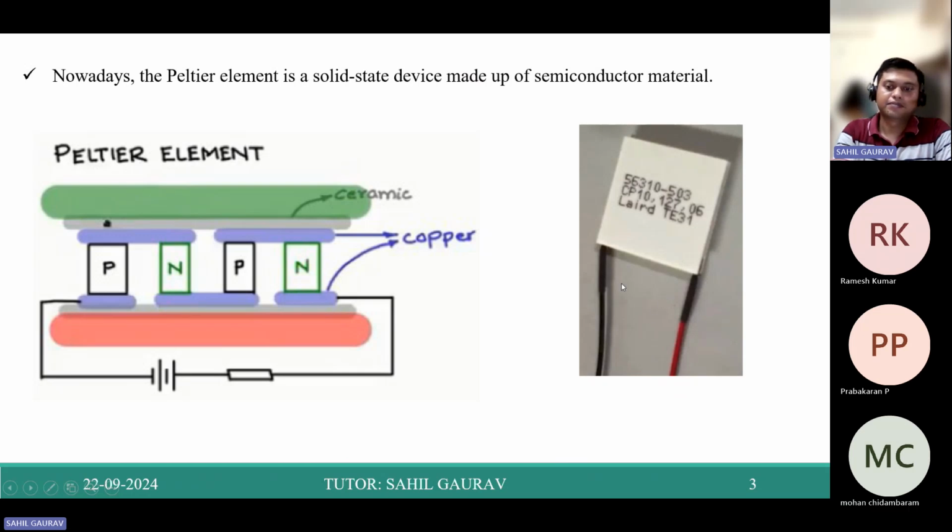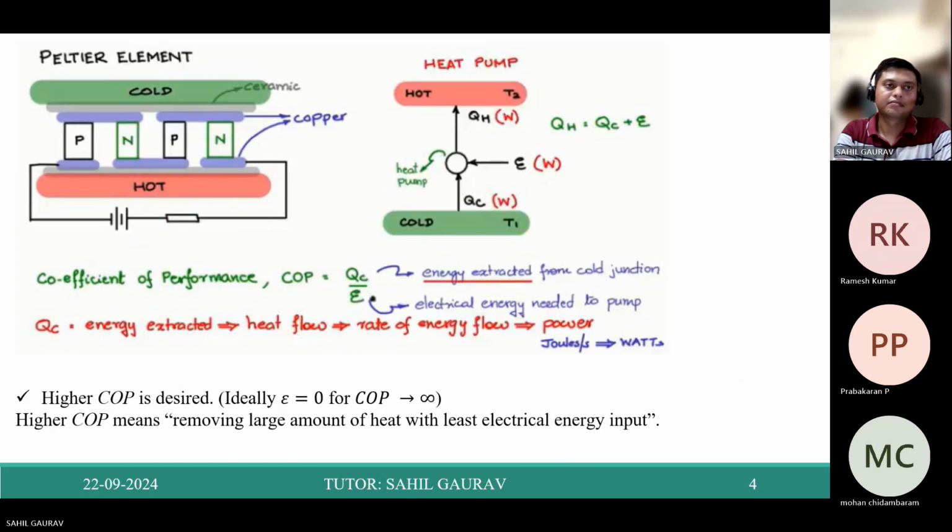You can see here, this is QC, the amount of energy extracted from the cold junction, and for this Peltier device we are giving electrical energy so that it extracts the energy from the cold junction. Therefore, QS comes out as QC plus electrical energy.